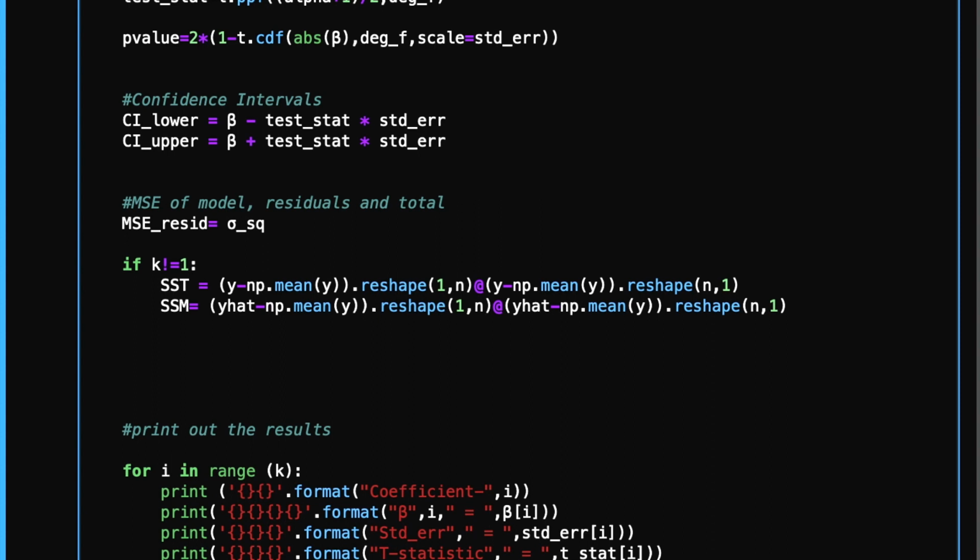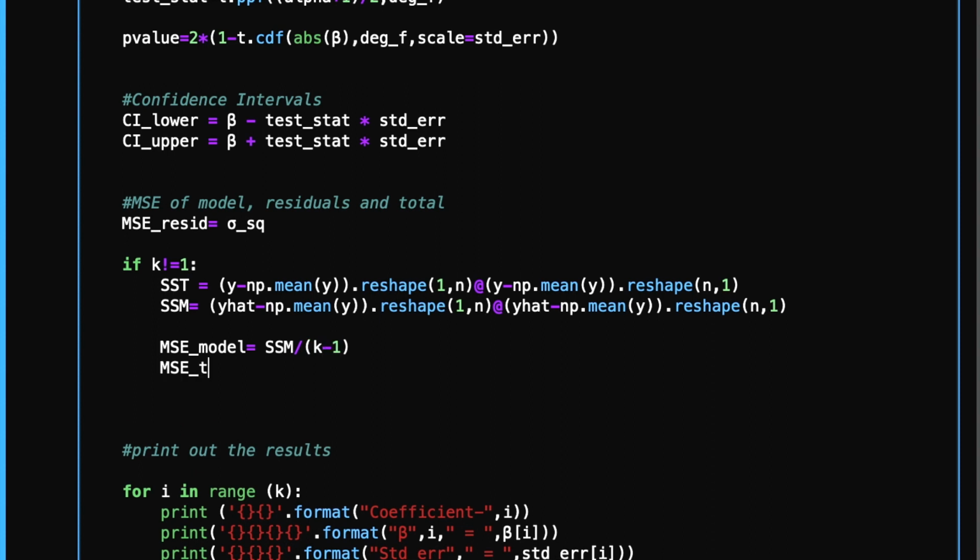So now we have the sum of squares total and the sum of squares of the model. So we can get MSE of the model, which is SSM divided by k minus 1, and MSE total, which is SST divided by n minus 1.